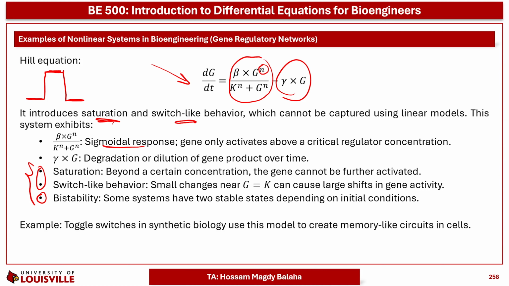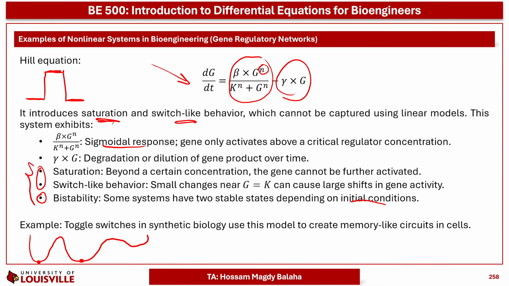Let's assume it's stable in the off state and it's stable in the on state. So when you find a bistable system, then it's stable in two stable states depending on the initial conditions. So it's worth noting again that the initial condition is essential because it can make the system stable or unstable. So let's assume we have 2 points, here and here, to understand the meaning of bistability.